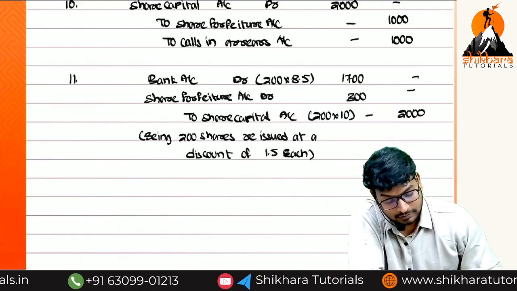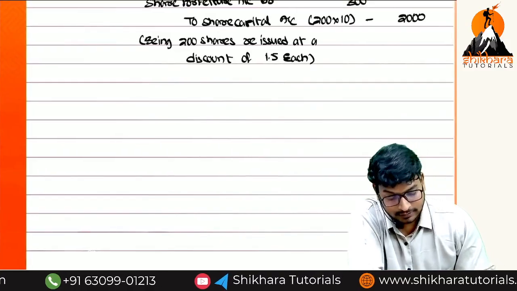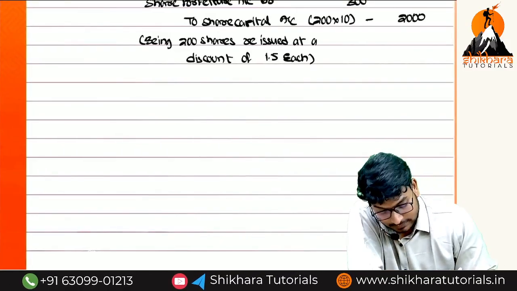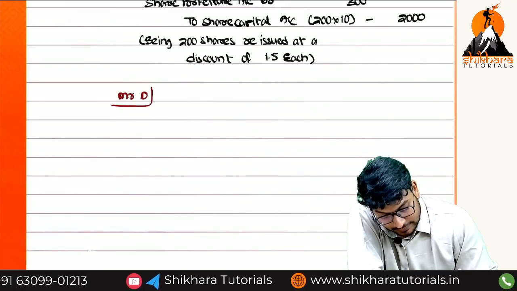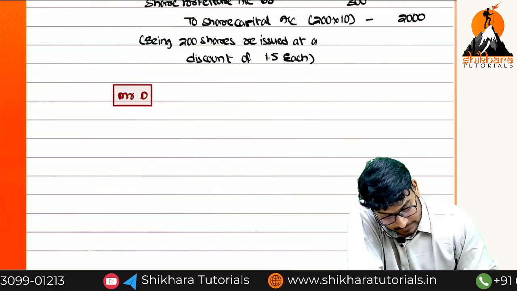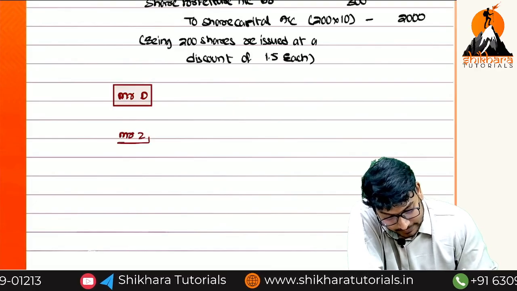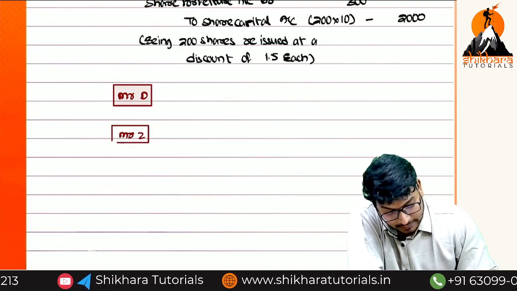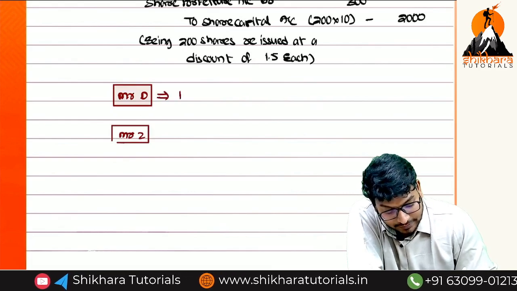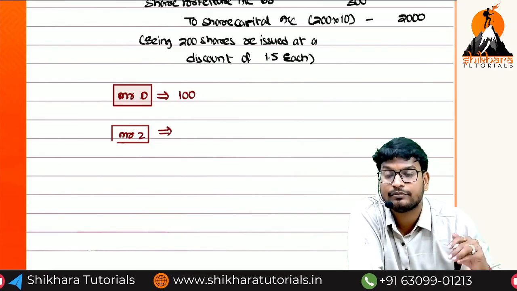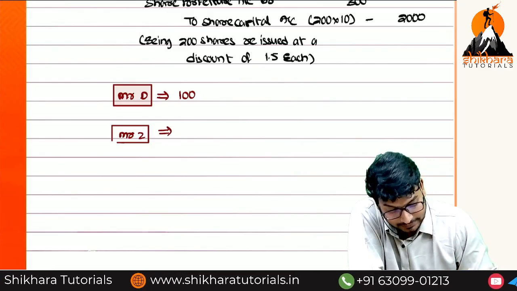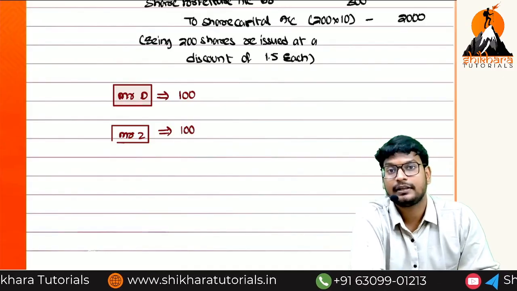Now see this one. Don't write anything. We have two parties. One of the parties is Mr. D and another party is Mr. Z. From D, how many shares have we forfeited? 100. When coming to Z also 100, but we issued only how much? 100. So here also 100, here also 100.